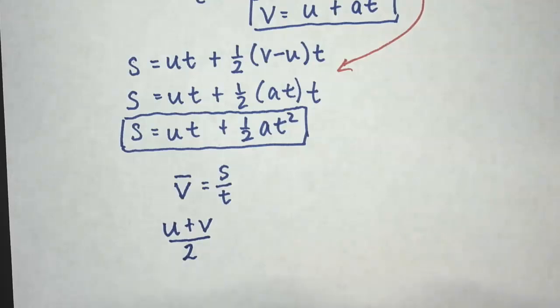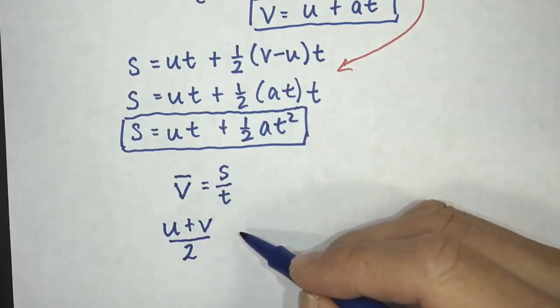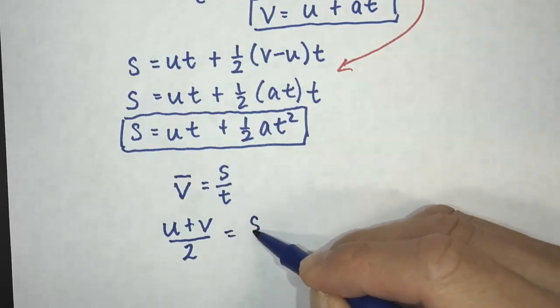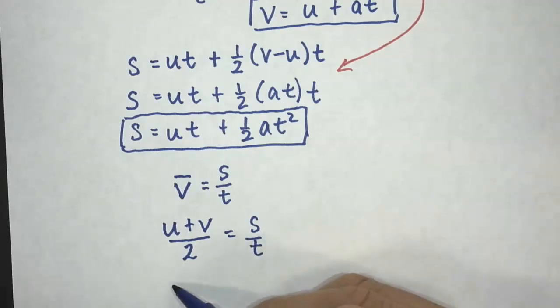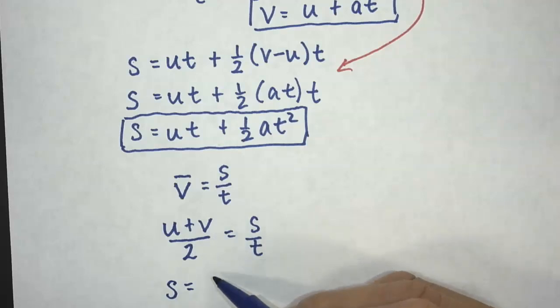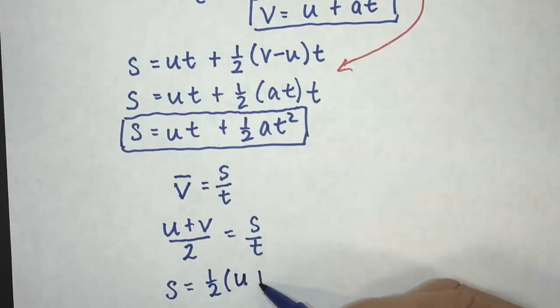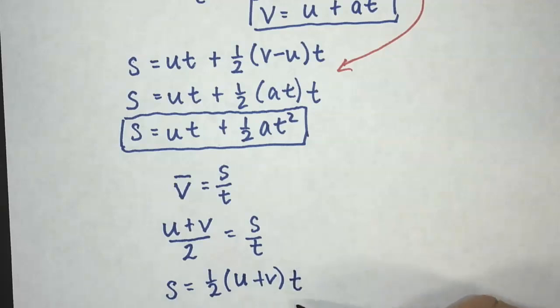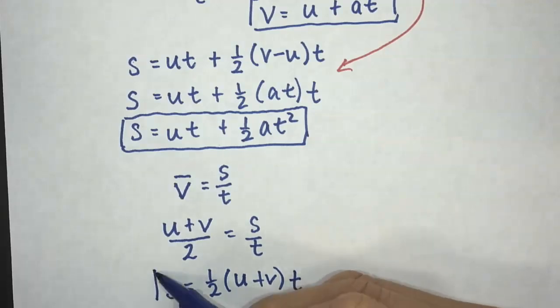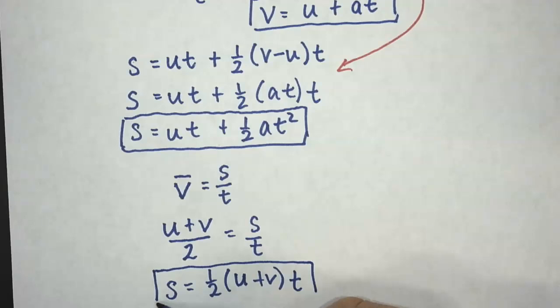But this is true if the acceleration is constant, and this is equal to S over T. Okay. And then if we solve for S, we get 1/2 times U plus V, and then multiply T on both sides, and then we get T over here. Okay. And this gives us our third kinematic equation.